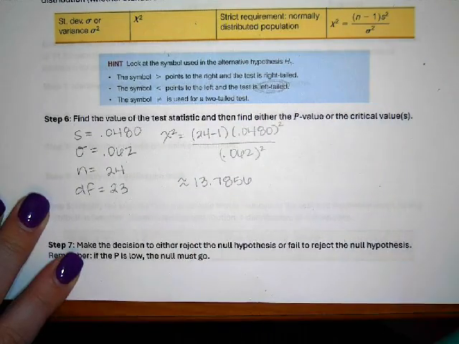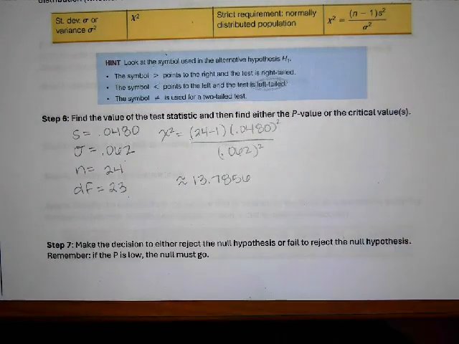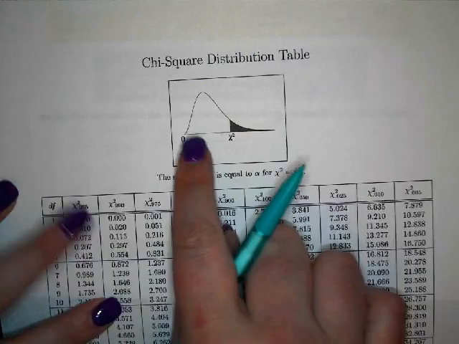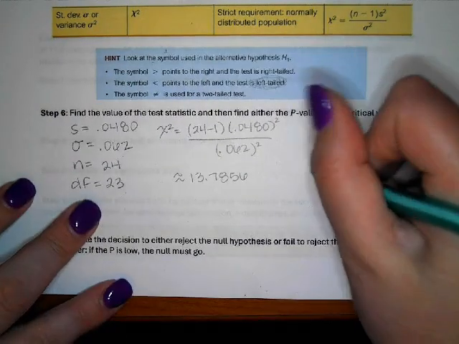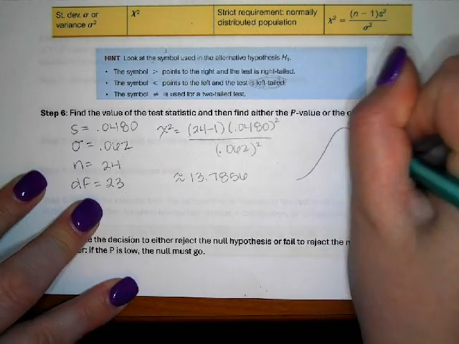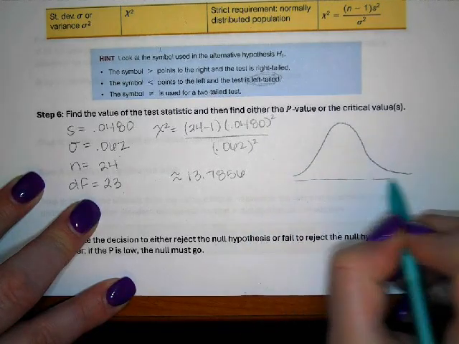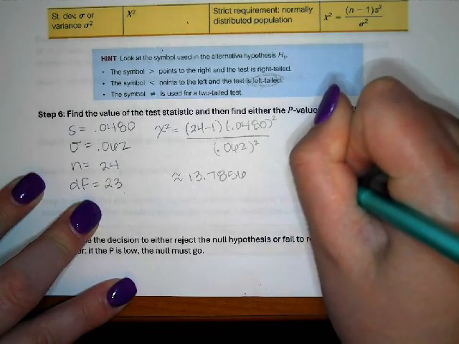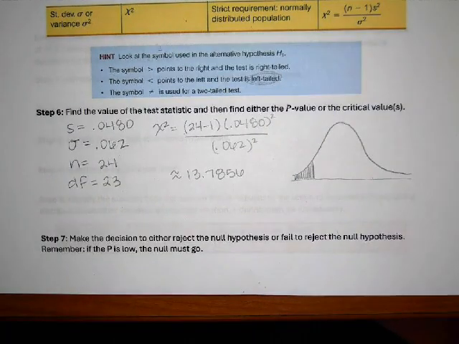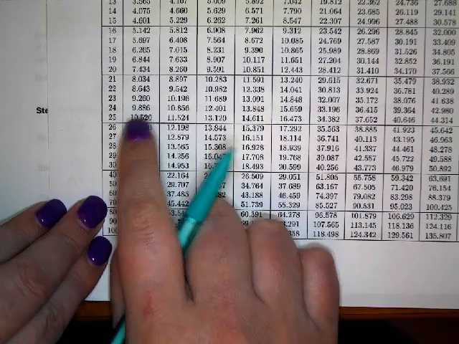Okay. And I'm going to go ahead and draw my chi-square distribution table. The chi-square distribution table looks like this. And I have a left tail, so using my table, degree of freedom is 23.